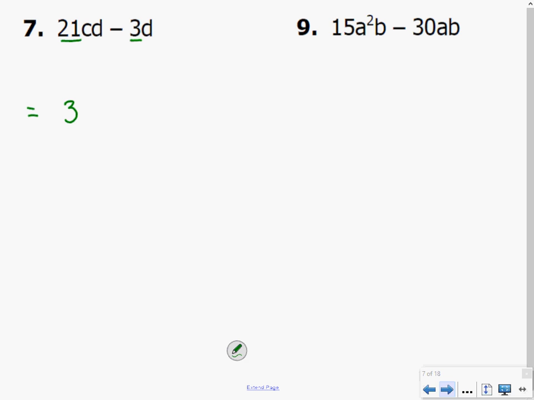My first term has a C and a D, but my second term only has a D. So what they have in common is D. So we'll factor D out with the 3. Now we can go back and divide each of these by 3D. So 21 divided by 3 is 7. The D's divide and cancel out, so we still have a C there, minus 3 divided by 3 is 1. D divided by D cancels out, so we just have 7C minus 1 here.